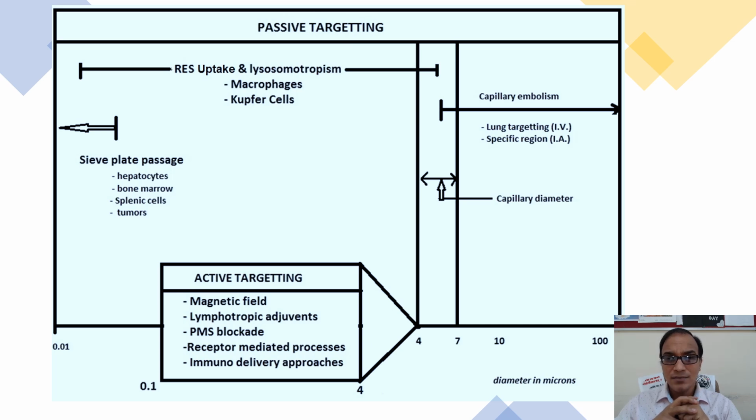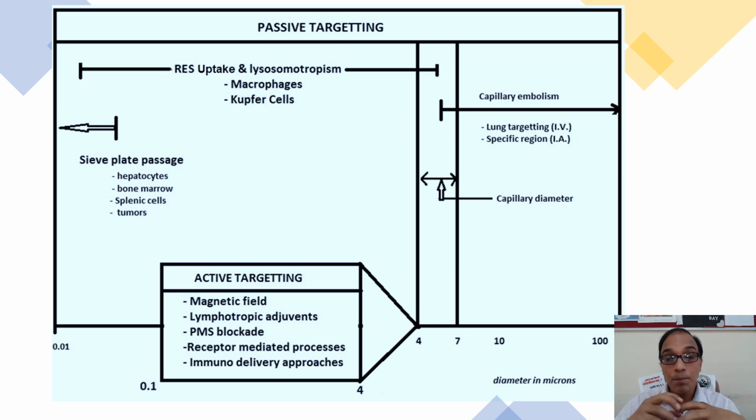What are the things which we can do in active targeting? We can employ the magnetic field, because you have to add some driving factor there. Magnetism is a driving factor. Lymphotropic adjuvants, blockade, receptor mediated processes, and immunodelivery approaches may be availed when we are trying active targeting, and there are many approaches apart from this.